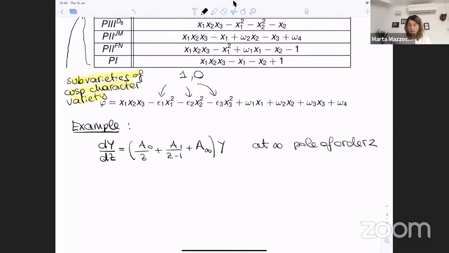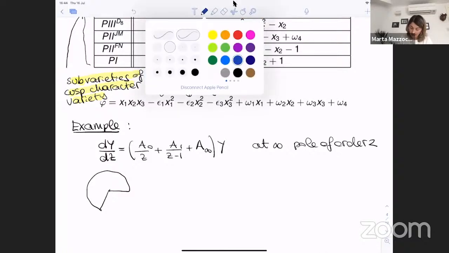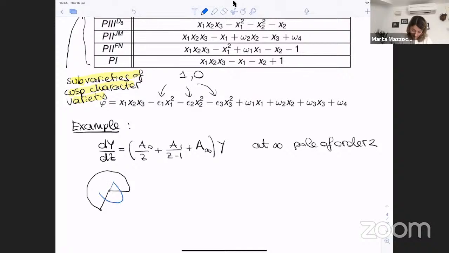If you study the monodromy of this system, you will find that at infinity you have what is called the Stokes phenomenon. Namely, you cannot define solutions in disks anymore, but you will be only able to define them in sectors of this form.